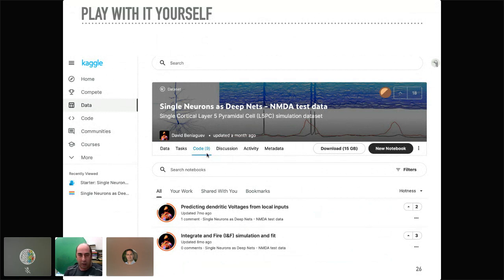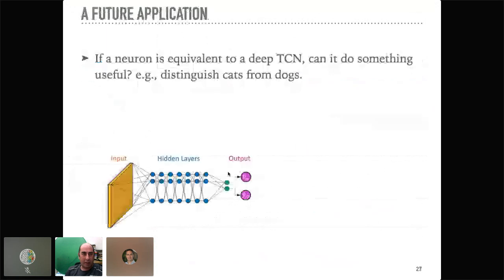All the code and the simulations are there and very organized, so you can play with it yourself and study this, and maybe tell us that you can do it with fewer layers or a better architecture. We will be happy to be challenged on that.